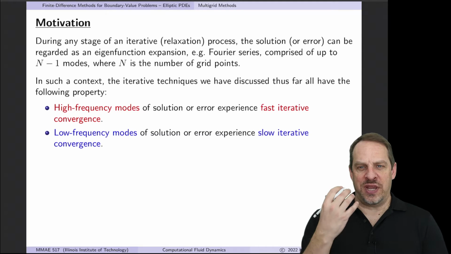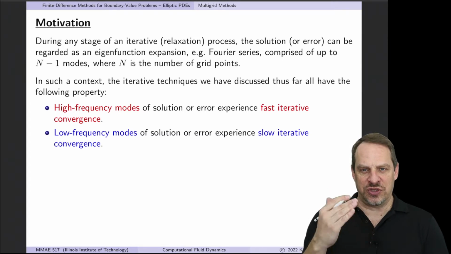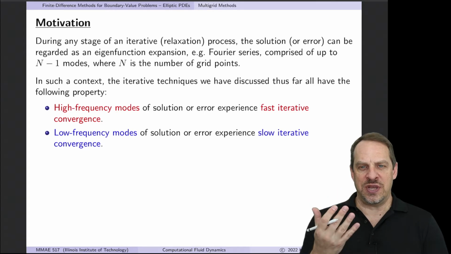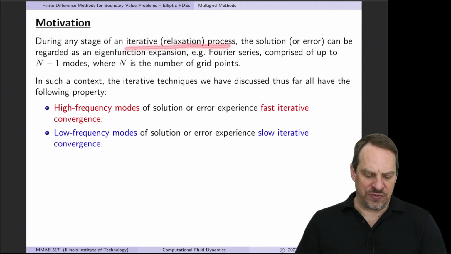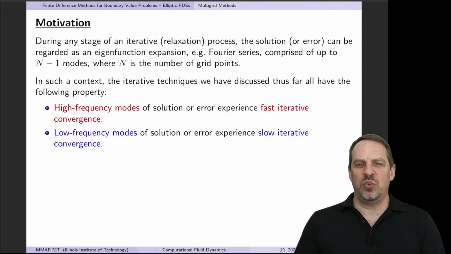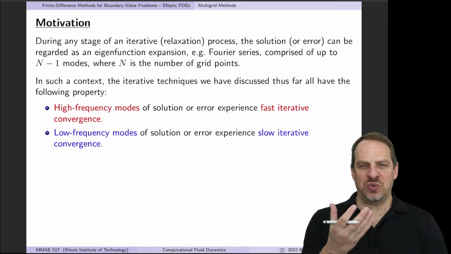So we're going to focus on the error. When we get the numerical solution, that's an approximation to the exact solution. The difference between those two is the error. So that error that arises at any point during the iterative relaxation process, we could express as a Fourier series, as one way to dissect the various features and modes within our error.